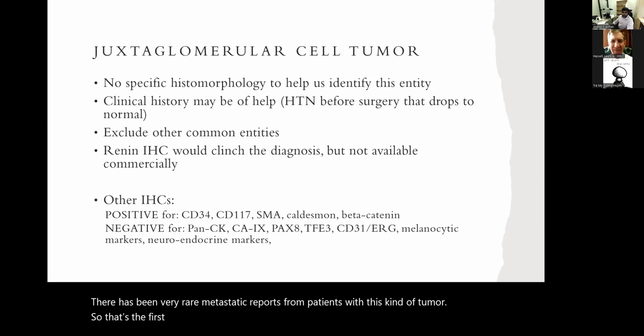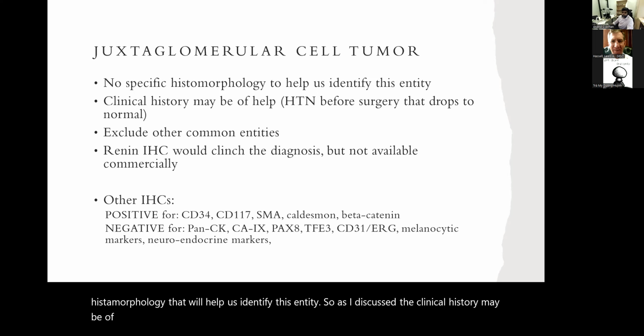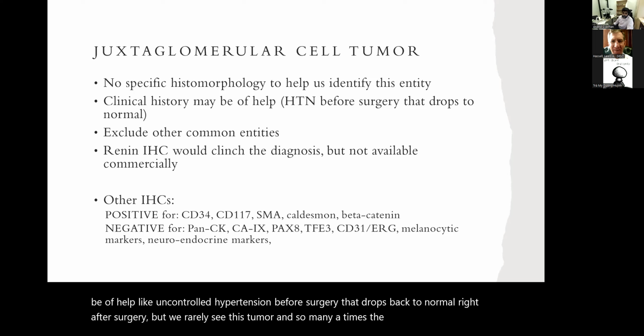So one pearl on this particular entity is there is no specific histomorphology that will help us identify this entity. As I discussed, the clinical history may be of help, like uncontrolled hypertension before surgery that drops back to normal right after surgery. But we rarely see this tumor, and many a time the clinicians are not even thinking of this entity.